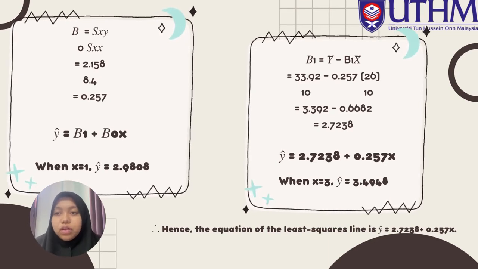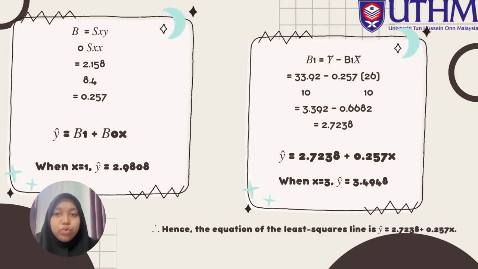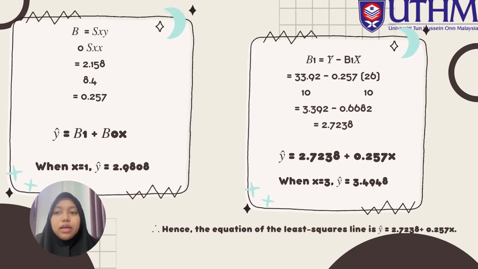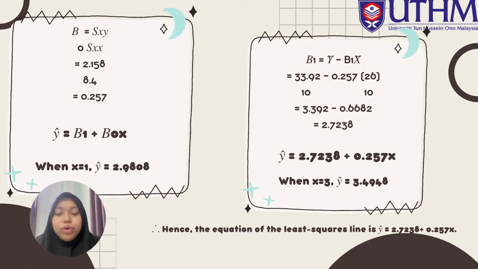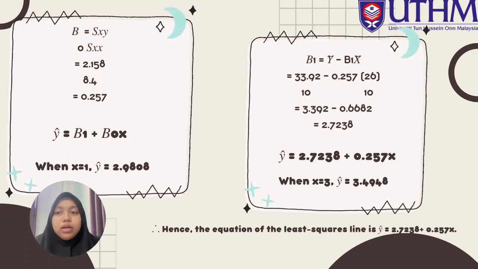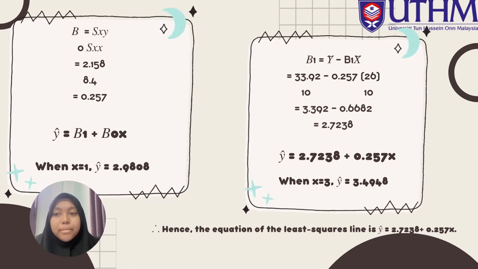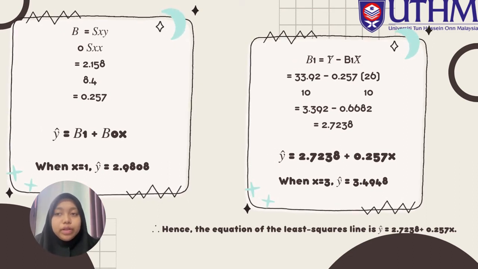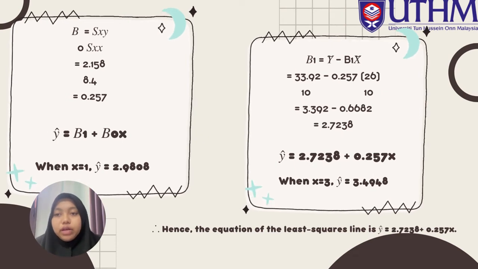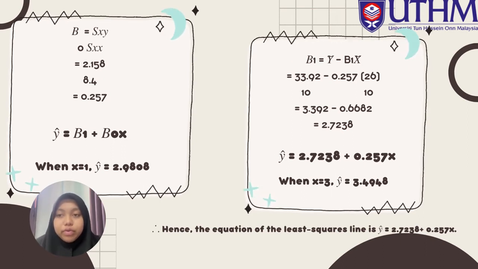So to get y prime, we have B0 plus B1x. So y prime will be 2.7238 plus 0.257x, and when x equals 1, y prime will be 2.9808, and when x is 3, y prime will be 3.4948.